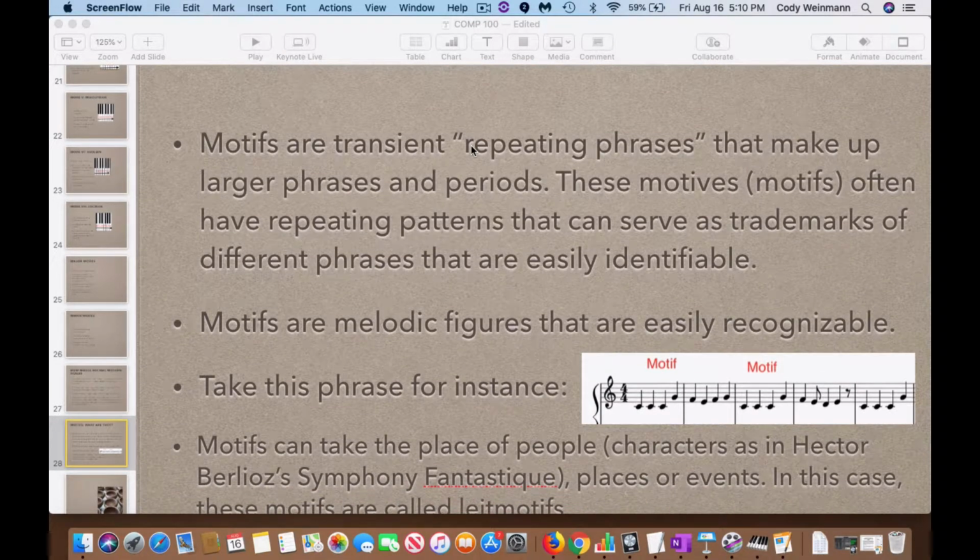Motives are melodic figures that are easily recognizable. For instance, a motif could be this. End of motive. The motive comes up again, maybe a couple lines later.